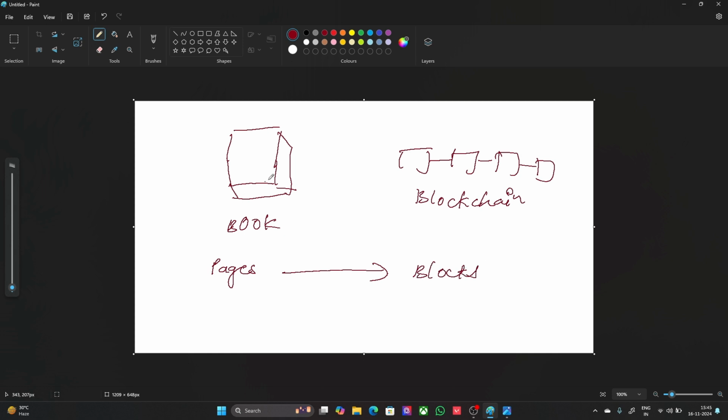Each page consists of some data of this particular book. So in this, each block consists of some data of this blockchain. You can compare it like this.